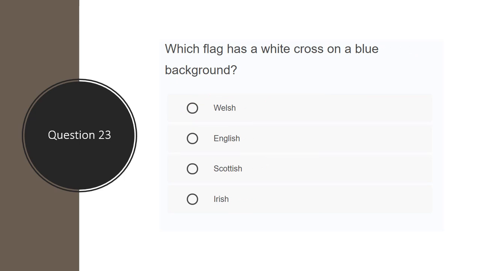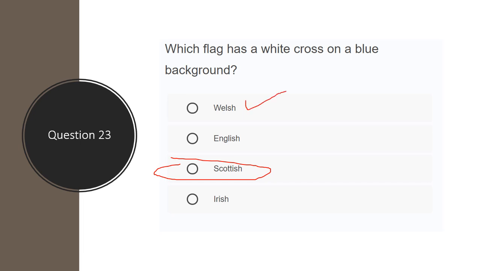Next, which flag has a white cross on a blue background? The Union Jack is a combination of three countries' flags. The Welsh dragon is not on the Union Jack, for reasons you might have read in the book, so we don't want to go into that detail. A white cross on a blue background is the Scottish flag.